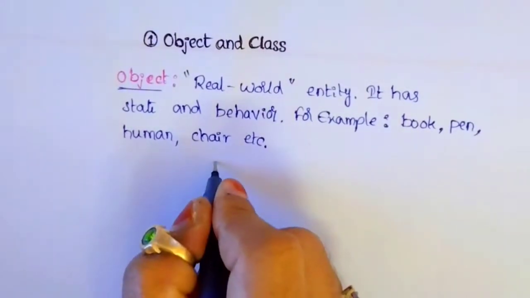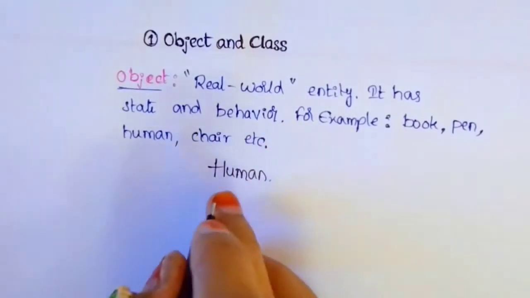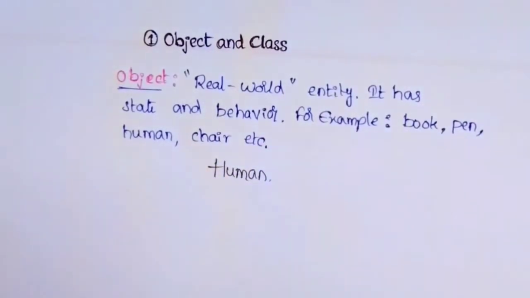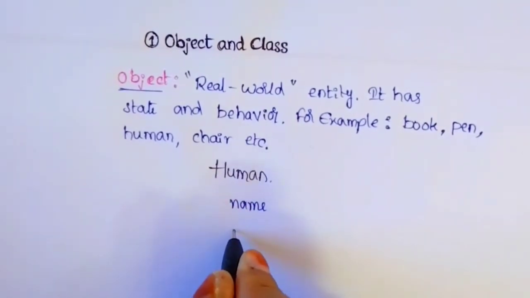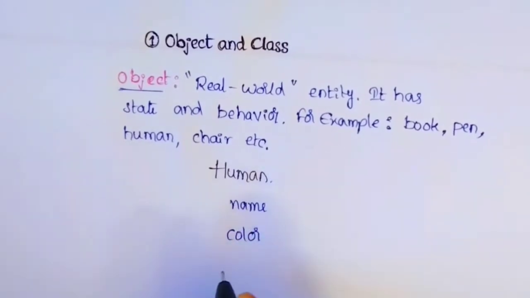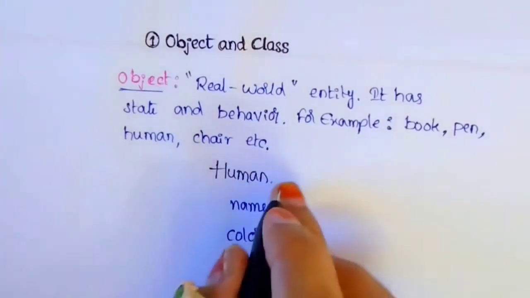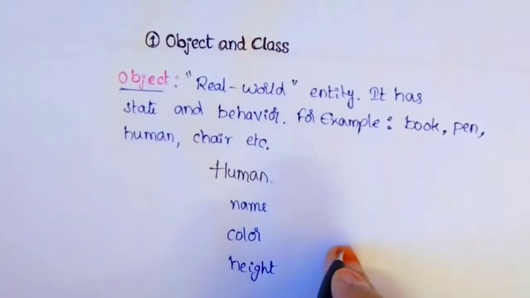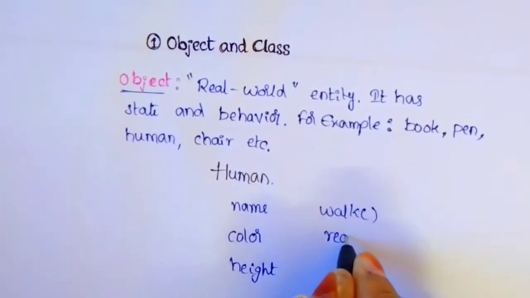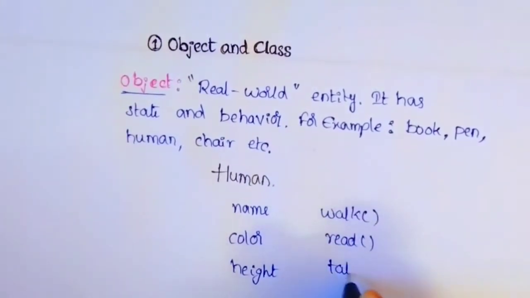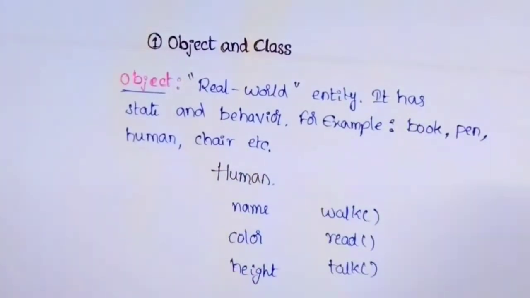For suppose human. Human is an entity. Human has name, some color, height, and human has some behavior. That means walk, read, talk. Human can perform these tasks.